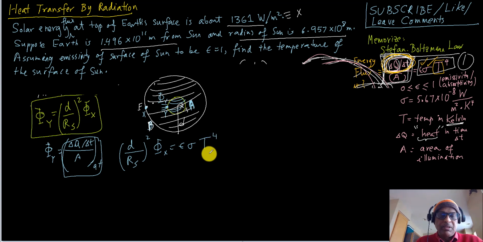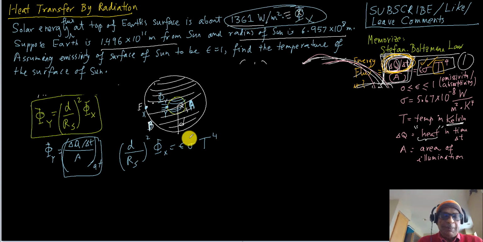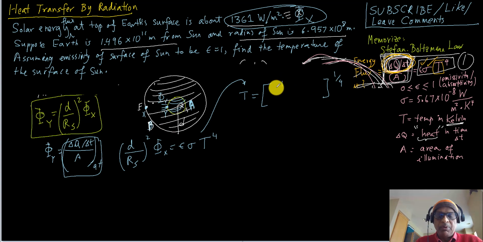This is the flux at x. So solving for T to the power 4, T would be everything to the power 1/4, and we'll have 1 over epsilon sigma, d over Rs squared, phi x.